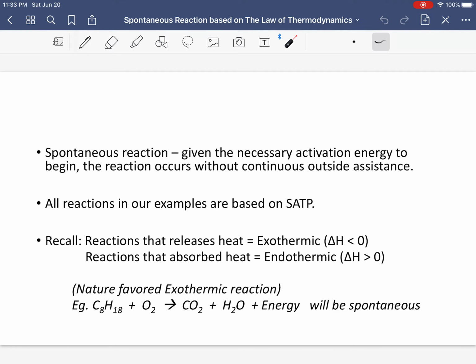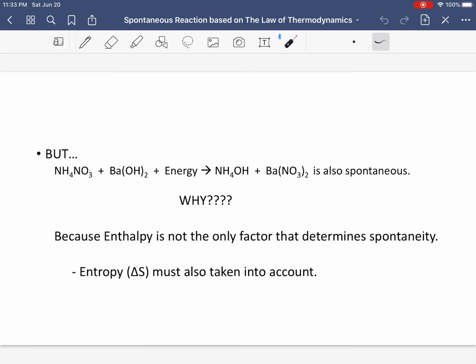But are all spontaneous reactions exothermic? The answer is no, some are spontaneous even when they're endothermic. Take a look at this reaction. Now, I don't remember if I demonstrated this reaction with you. I might have. Okay, it's been too long. If I didn't, I'm sorry. But what I would have done is I would have taken this stuff called ammonium nitrate, and I would mix it with barium hydroxide.